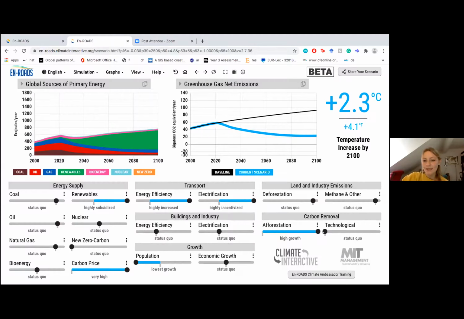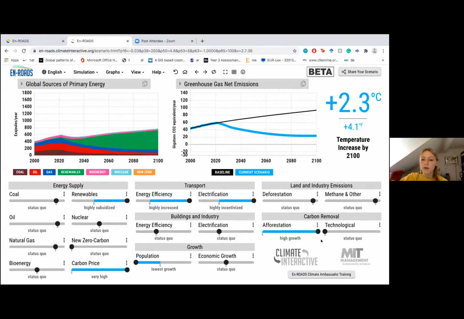And then this slider here would be things like carbon capture and removal, and bioenergy and carbon capture. I'm actually writing an essay about bioenergy and carbon capture at the moment. You grow biofuel, so it's plants that you burn to create energy.